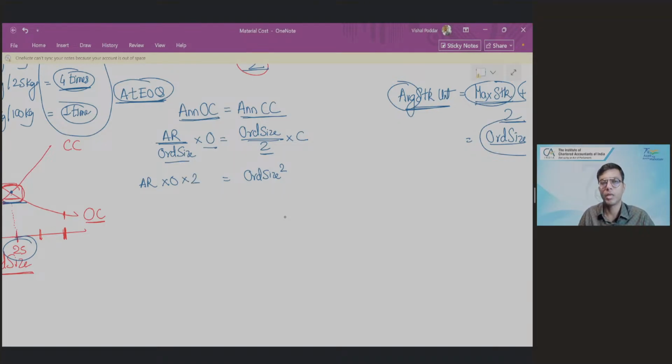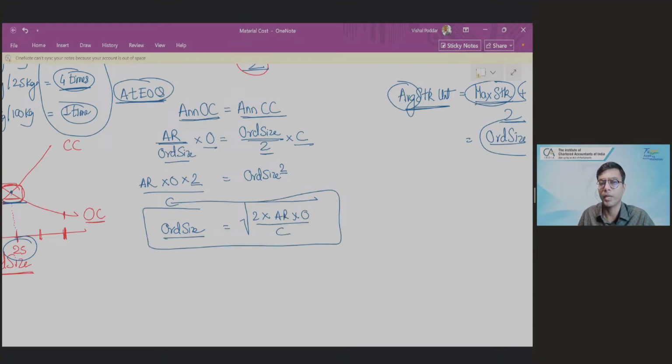And here C is multiplied by, so here it will be divided by. Now to get this order size, since it is squared here, I will take the square root on the other side. Right? So 2 multiplied by AR into O upon C. So this is, students, the final formula for determining this order size.